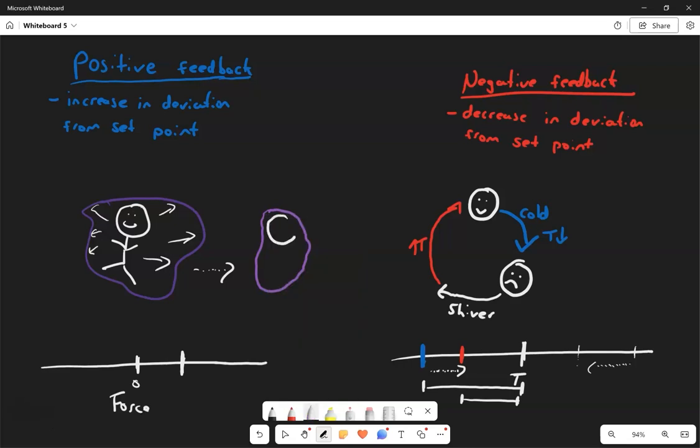And what happens now is that you have your growing little baby in there. And now, because the space is smaller, it's really pushing hard on the uterine wall and it's increasing the amount of force, right? So notice our original deviation was here. And then after our physiological response, our deviation went to here. So we got further away from that set point, okay?